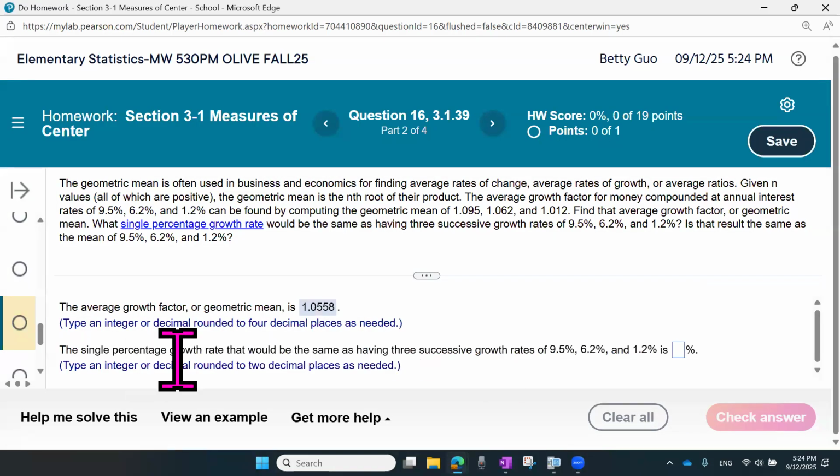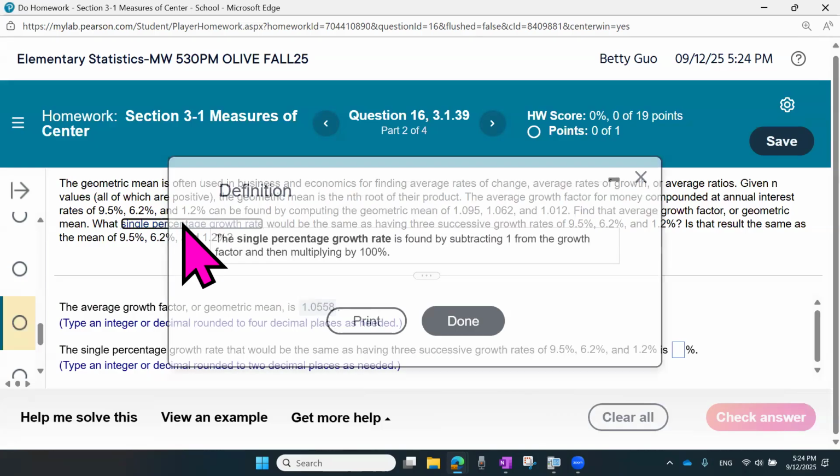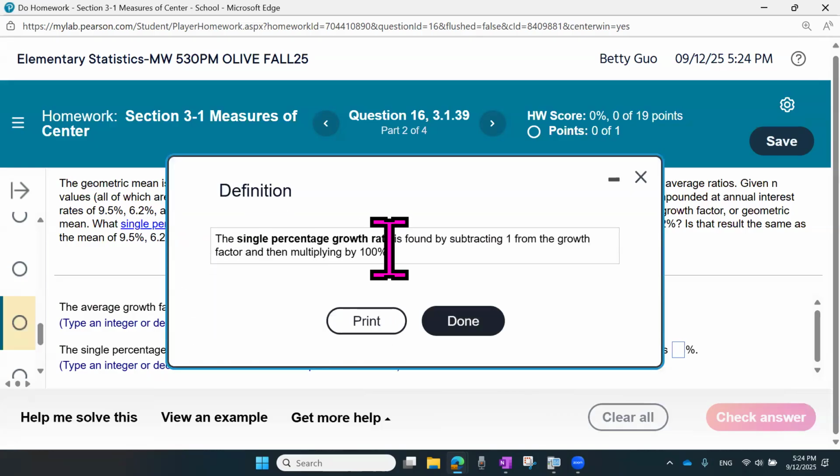Second part, the single percentage growth rate is another definition. That would be the same as having three successive growth rates of 9.5%, 6.2%, and 1.2%. It gives you the definition: the single percentage growth rate is found by subtracting 1 from the growth factor.